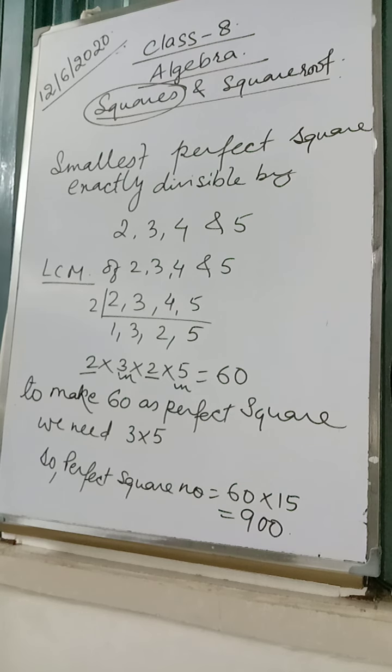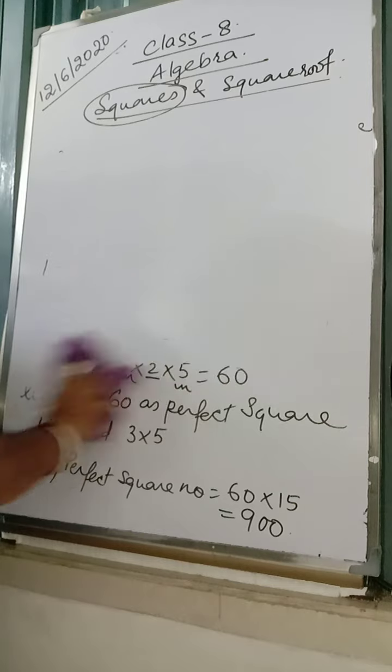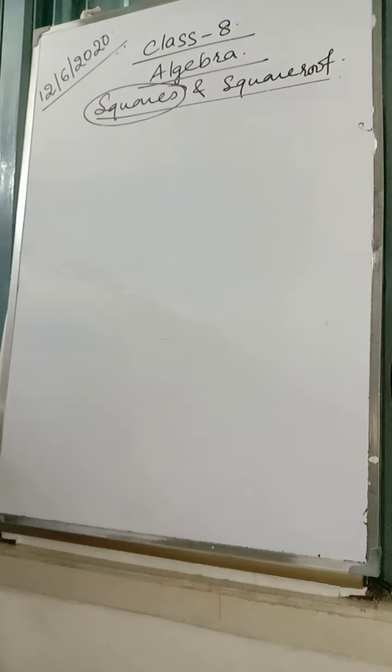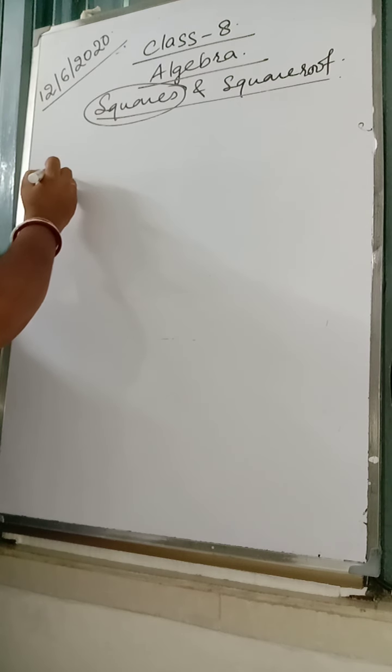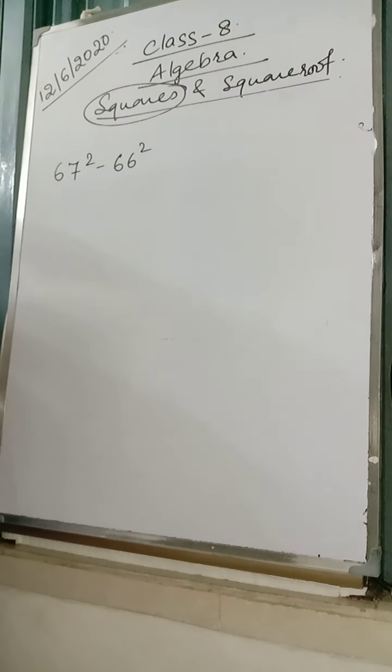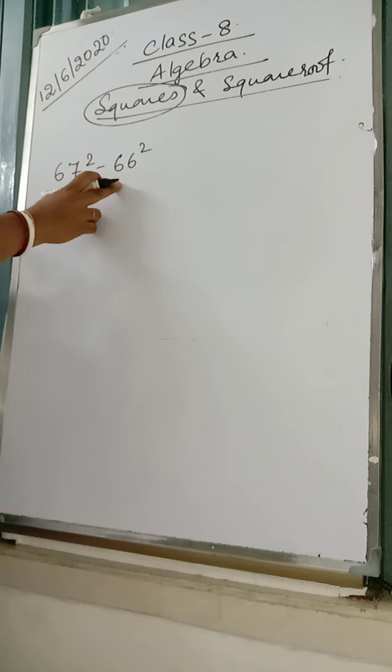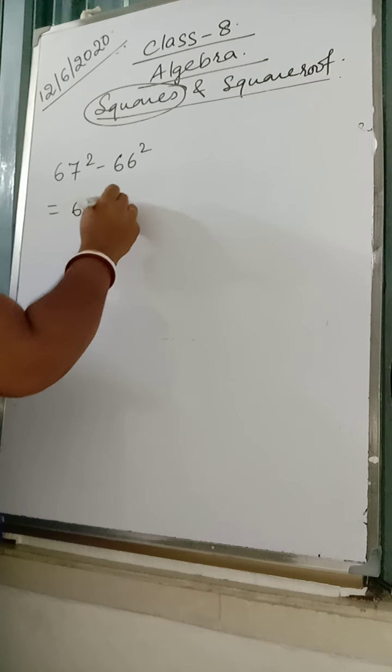Then when we have to find the difference between squares of numbers whose difference is 1, we can use a shortcut. Now, the difference between the squares of consecutive numbers 67 and 66: in this case, we just add the numbers.